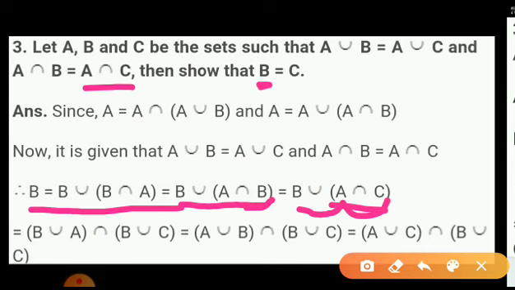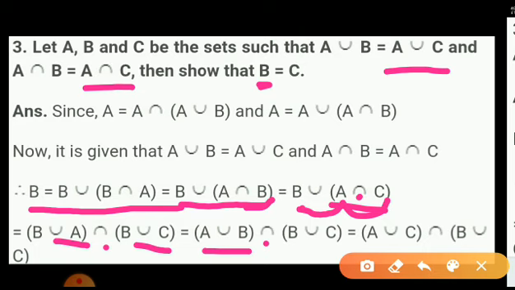So it will be (B union A) intersection (B union C). But B union A is the same as A union B, and A union B is the same as A union C. So we have got (A union C) intersection (B union C).